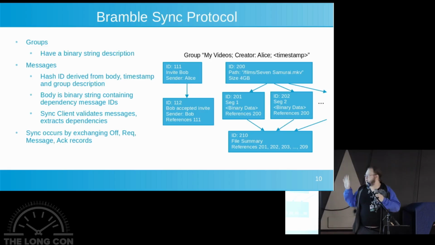So this is actually very similar to the BitTorrent protocol. Essentially, Alice has declared that the movie exists and has also uploaded the different segments of data that together compose the whole movie. And then also transmits another message that has all of these segments as a dependency.